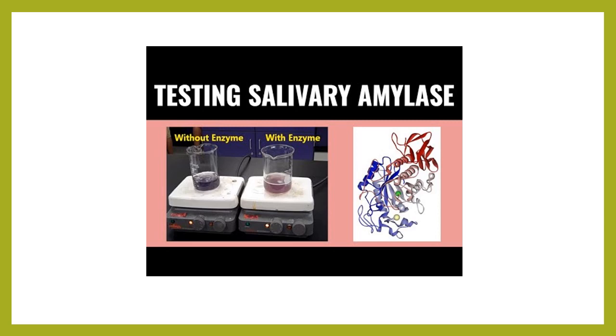And this one is the temperature provider, hot plates. So here we are taking starch solution, one without enzyme, one with enzyme. Now if I ask you, if you are going to do this experiment, how will you do it? You will buy enzyme? No. We simply have salivary amylase in our mouth.